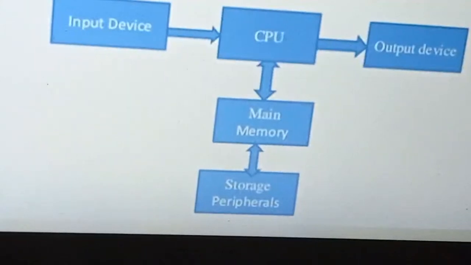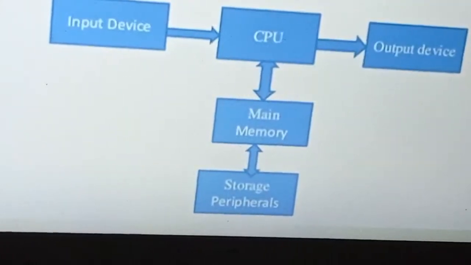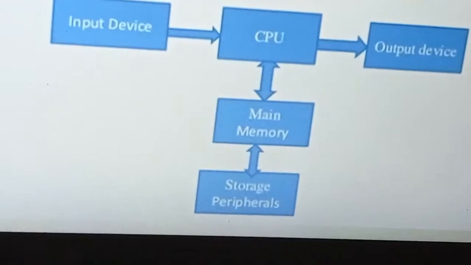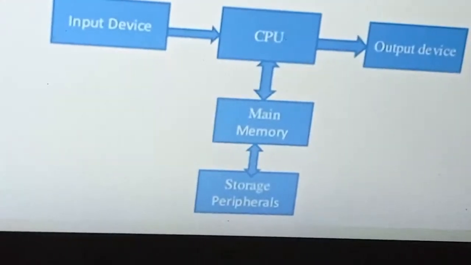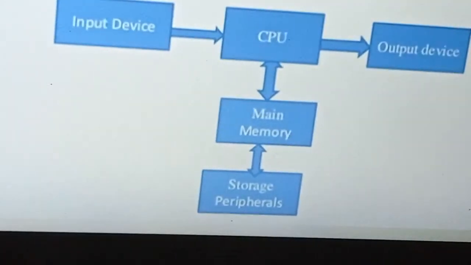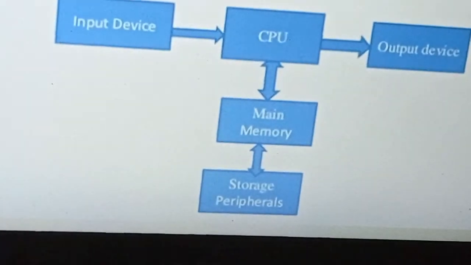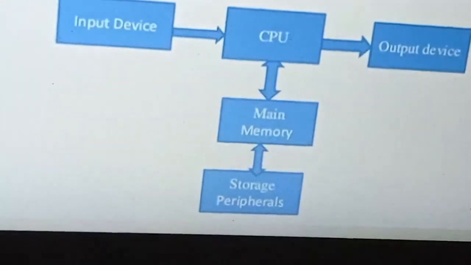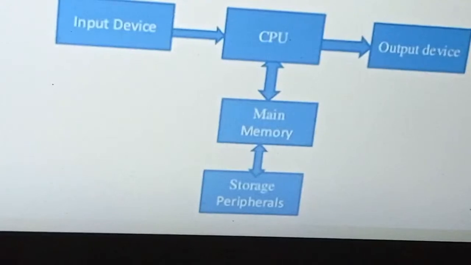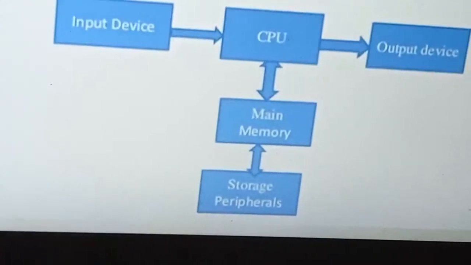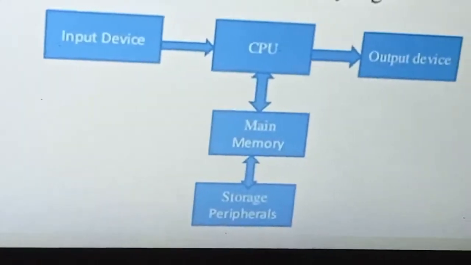And output devices: printer, plotter, etc. In the memory, we have discussed primary memory and secondary memory, primary storage and secondary storage, and the CPU processes the given information.